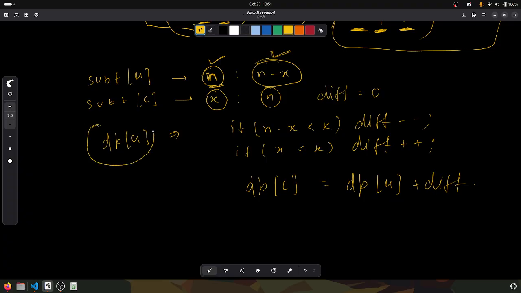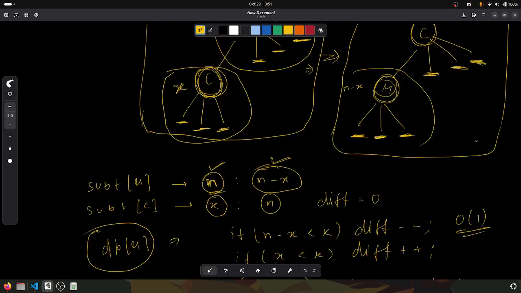So if we had known the answer for dp of R, we calculated the answer for when the tree is rooted at C in just O of 1. So that is a good thing for us, right?